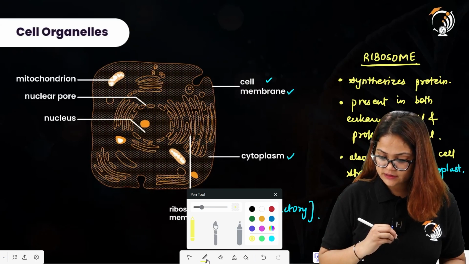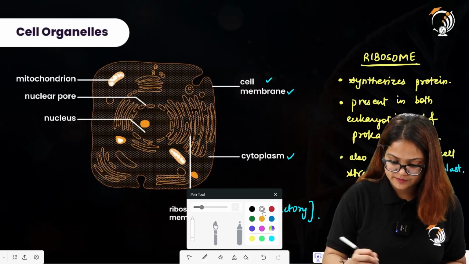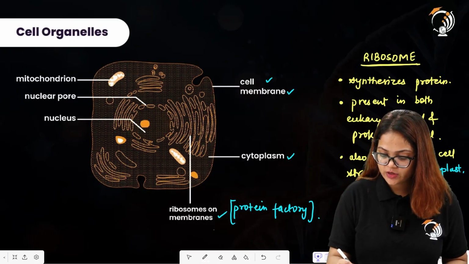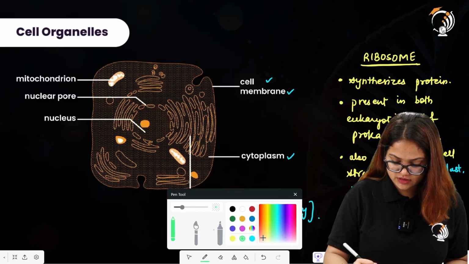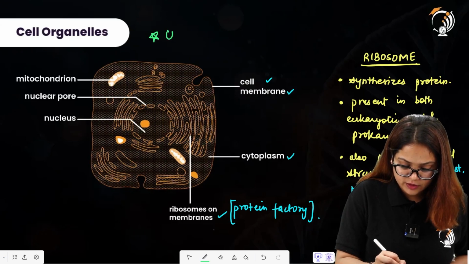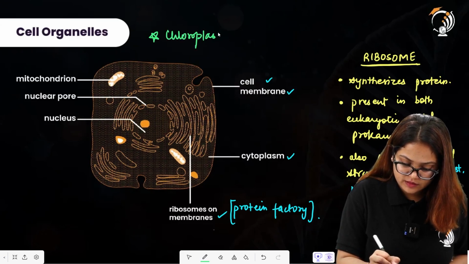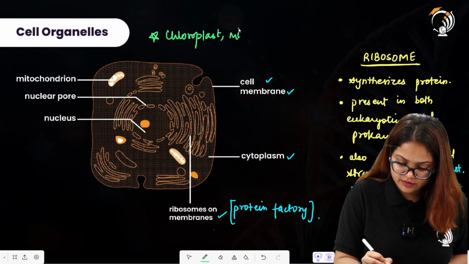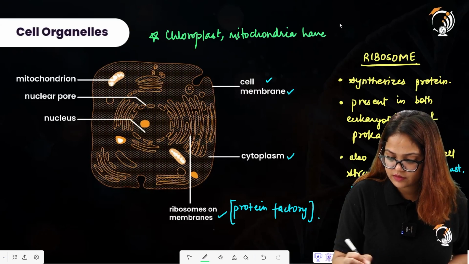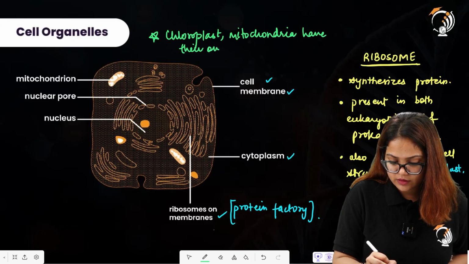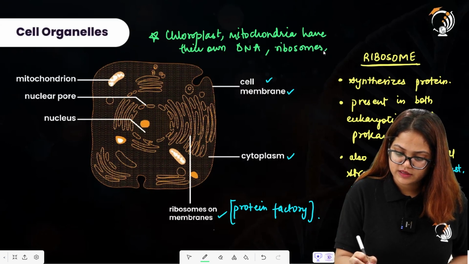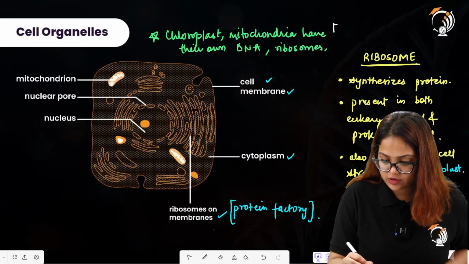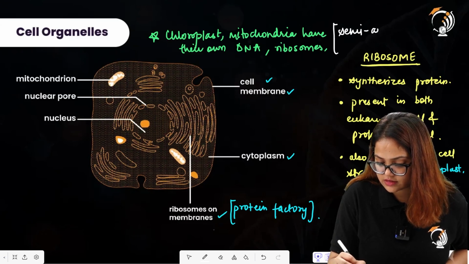Along with the ribosomes, the chloroplast and mitochondria also have, so let me write the star mark point over this region: chloroplast and mitochondria have their own DNA and ribosomes. That means they are semi-autonomous in nature, semi-autonomous organelles.